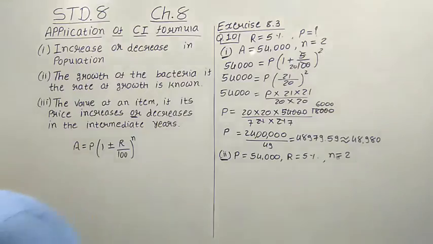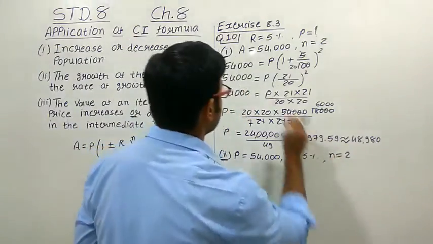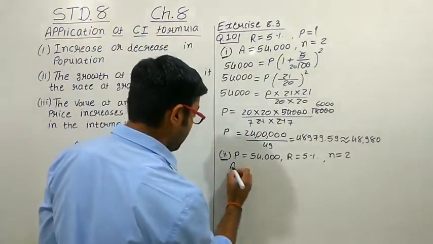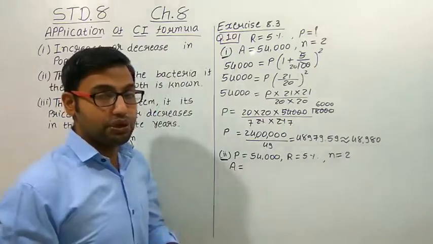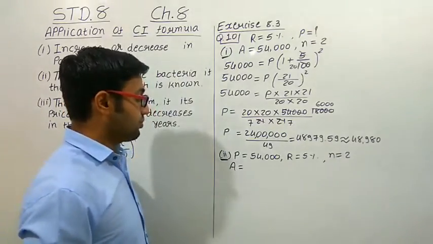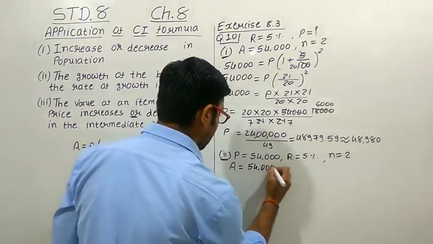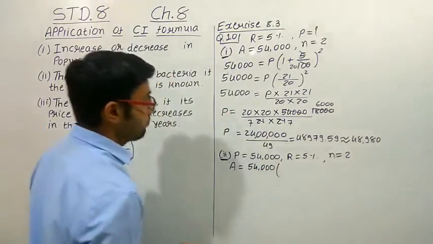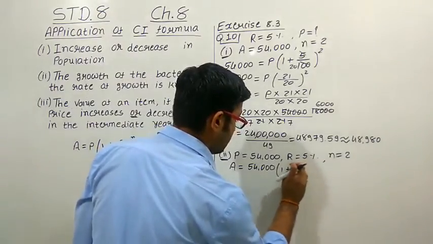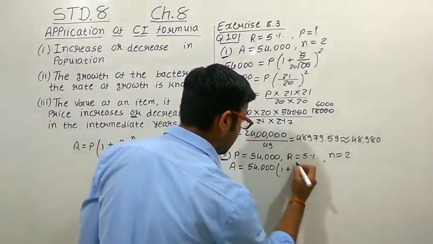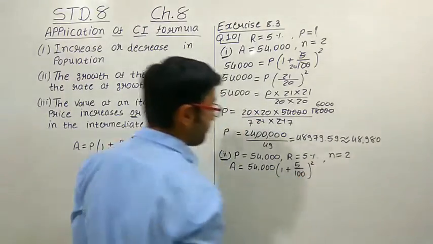So now let us apply the formula. We have to find out A, because A will give us the population after 2 years, in 2005. So this is the amount A equals 54,000, which will be our P, times 1 plus R upon 100. Now what is R? Let us put down the value of R, that is 5. 5 upon 100 raised to power 2.